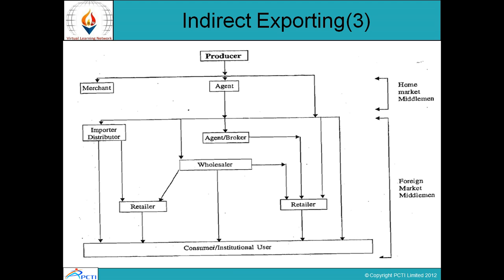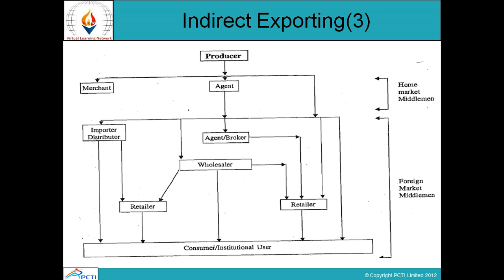The first could be the importer distributor, who could sell directly to the consumer. Another is the agent broker, who sells first to the retailer before reaching the final consumer. Another is the wholesaler, who supplies to the retailer and then to the consumer, or there could be a situation where the wholesaler directly sells to the consumer.